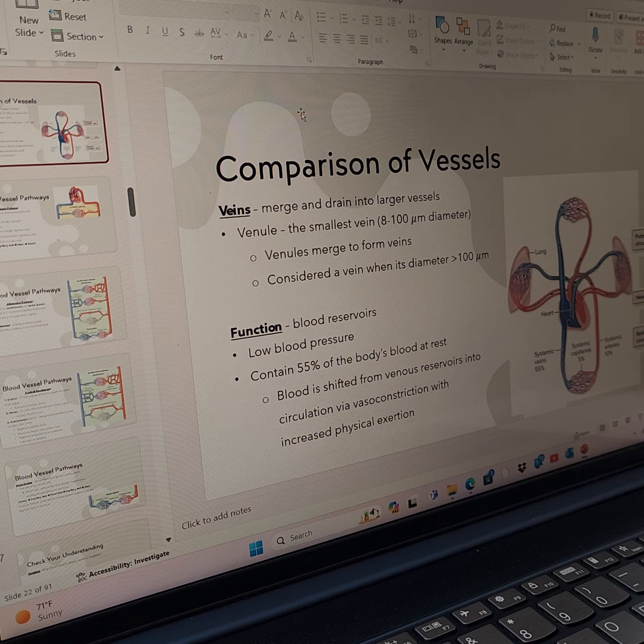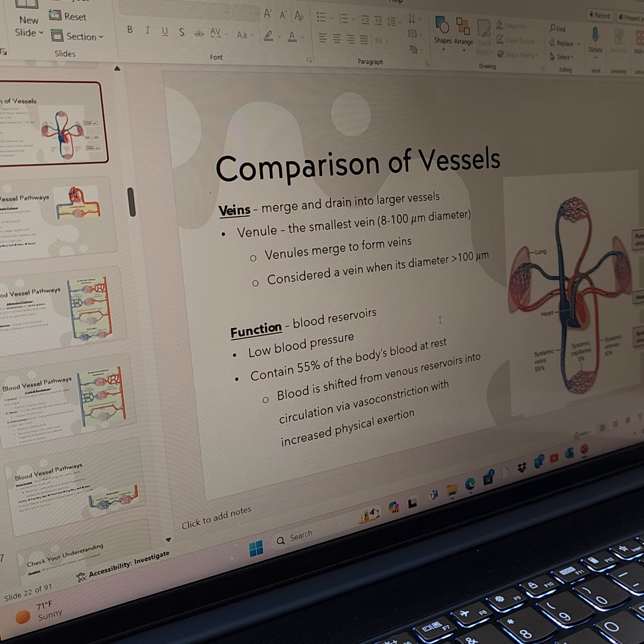The function: blood reservoirs, low blood pressure. They contain 55% of the body's blood at rest. Blood is shifted from venous reservoirs into circulation via vasoconstriction with increased physical exertion.